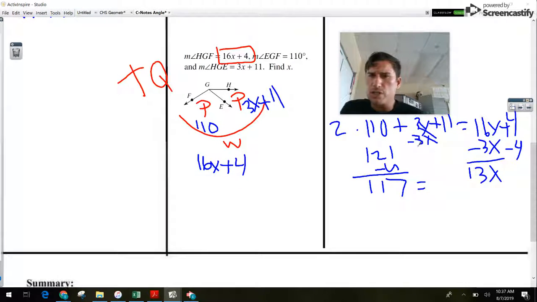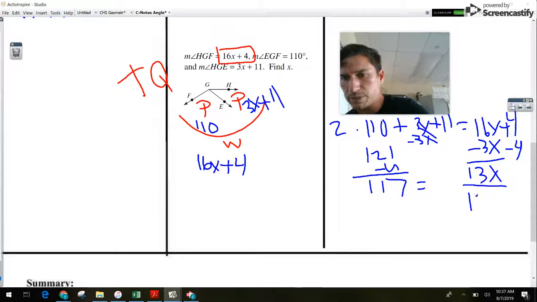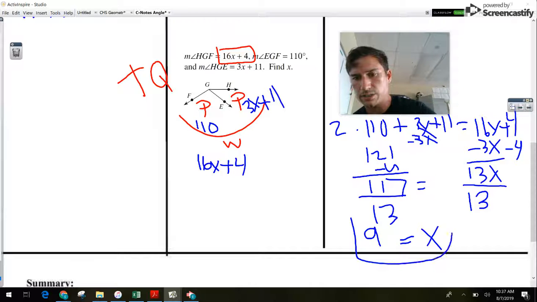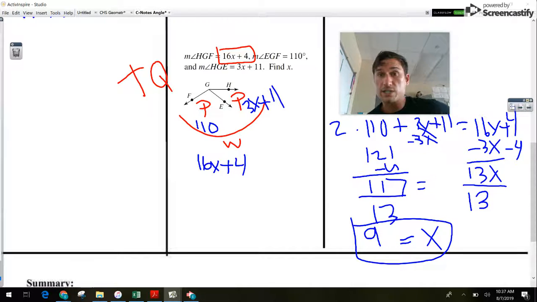Remember, if you think of Algebra 1, you're always trying to find the variable, and you always do the opposite. The opposite of multiplication is division. So we have to undo multiplication by doing division. So 117 divided by 13 is 9. I cheated a little bit with the calculator. I'm totally tired. And so that's the variable.